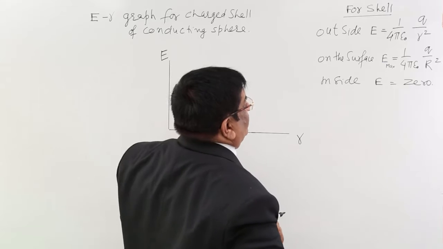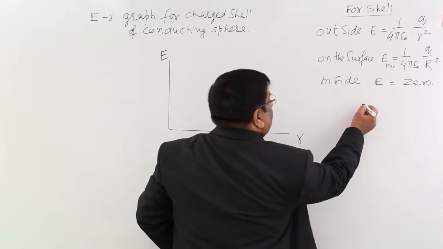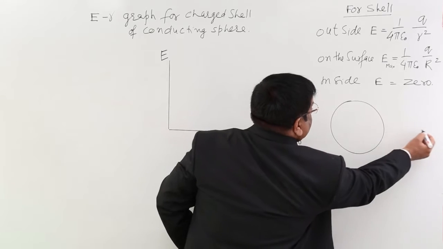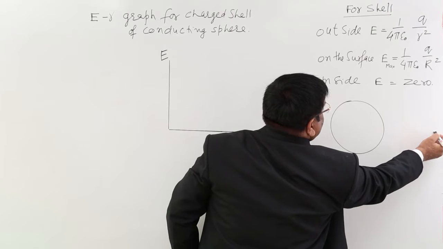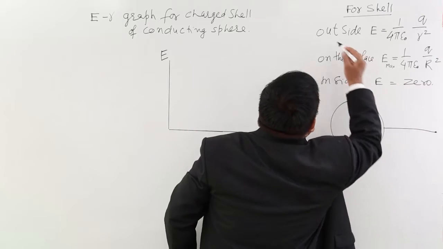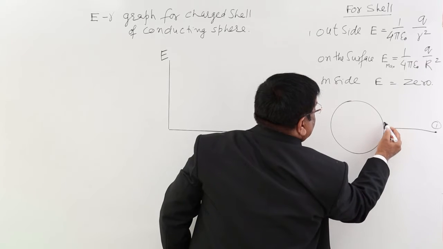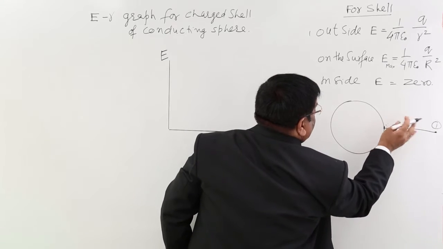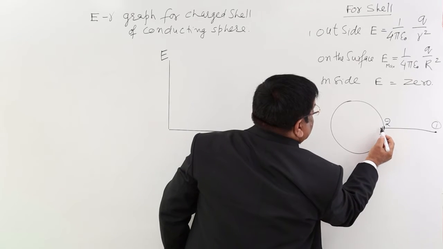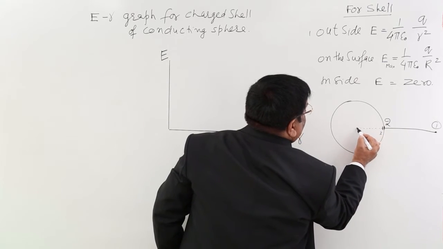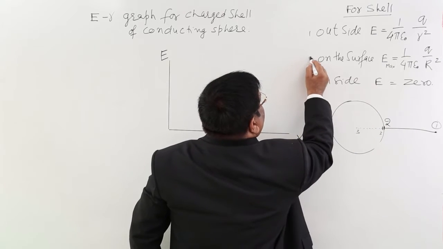How is it represented? Inside it is 0. Then when we come here, this is condition 1, this is condition 2, and right from here condition 3 starts up to the center; condition 3 remains.